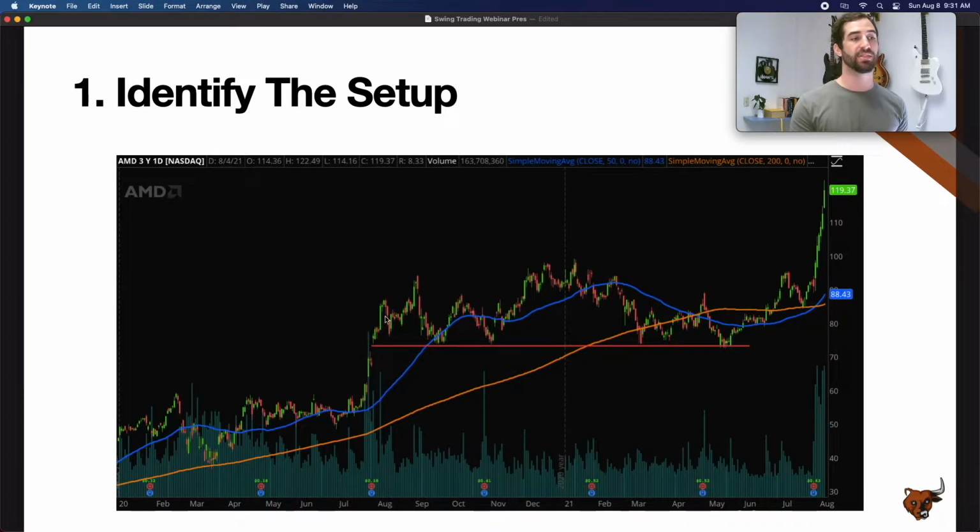All right, but notice this, it breaks out and then pulls back into sort of the 50 MA. At the moment it was a 50 MA, and then it just trades really tight and does not break down. Okay, and then it has this turbulent action for a couple of weeks. Okay, just keep that in the back of the mind for now.